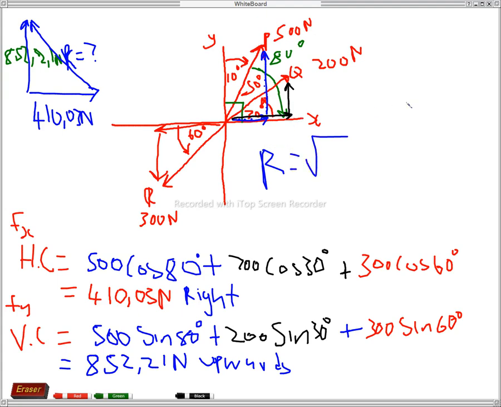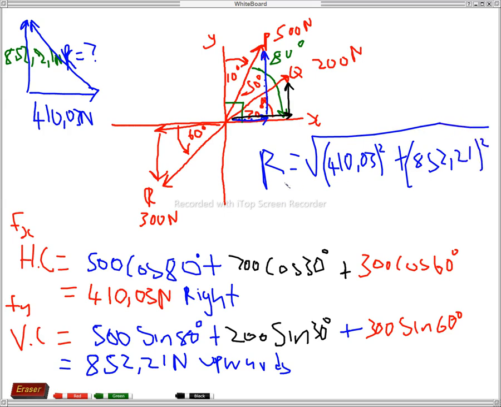to the root of, I'm not going to write the formula for this, I guess you know that from mathematics. So it's going to be 410.03 squared plus the value there, 852.21 squared, and then you can easily punch it on your calculator and you'll get your resultant.